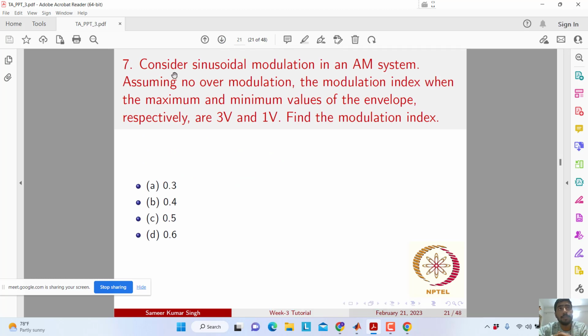Question number 7 is: consider sinusoidal modulation in an AM system, assuming no overmodulation. Find the modulation index when the maximum and minimum values of the envelope are respectively 3 volt and 1 volt.